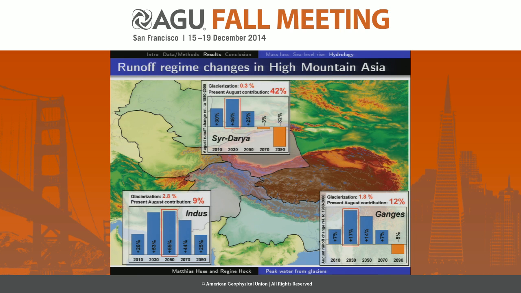If we move up to the north of the Himalayas, to the Syr Darya Basin with a very small glacierization, interestingly, we find a very large contribution of glaciers to runoff. This is because runoff in this basin is also influenced by water losses due to evaporation and irrigation.